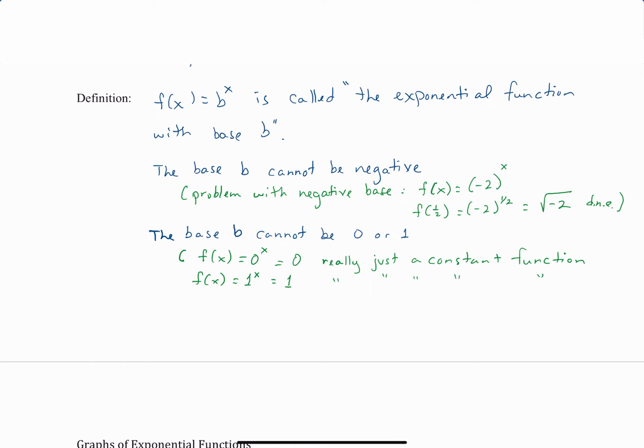So it's not that there's anything wrong with either of those, it's just that we're not calling them exponential functions. So basically, b has to be a positive number other than 0 or 1. And that's our basic exponential function, the exponential function with base b.